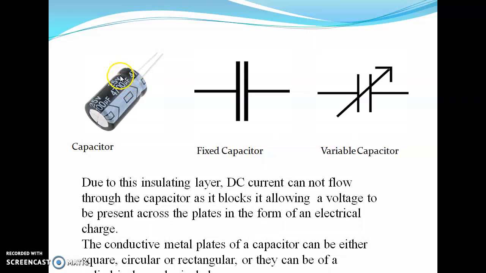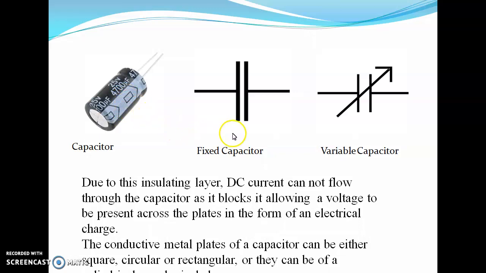That means this capacitor will operate at 25 volt. If the voltage increases beyond 25 volt, this capacitor will burn. And another value, 4700 microfarad, is the capacitance that we are going to see in our next slide. So you can see the capacitor here.